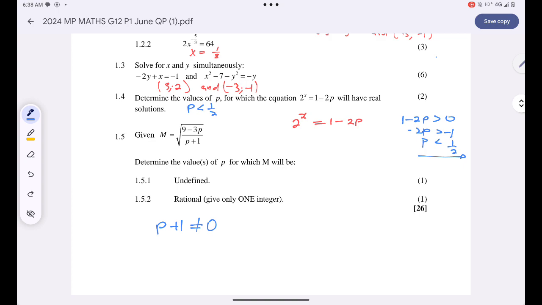But if p plus 1 is equal to 0, this given equation of m will be undefined. So if p is equal to negative 1, this entire thing will be undefined. When p is negative 1, this will be undefined. Okay.